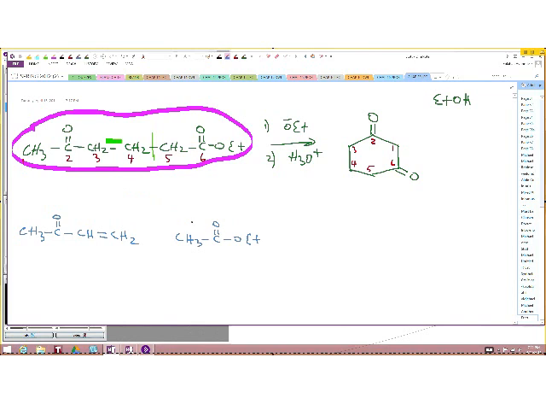And now if I take this to form the enolate here, step 1, and then step 2, this and this will now react to form this here.